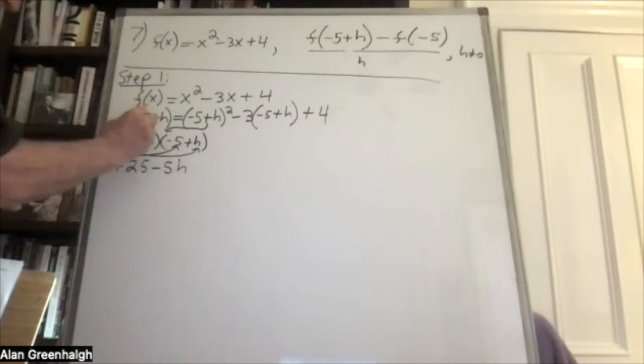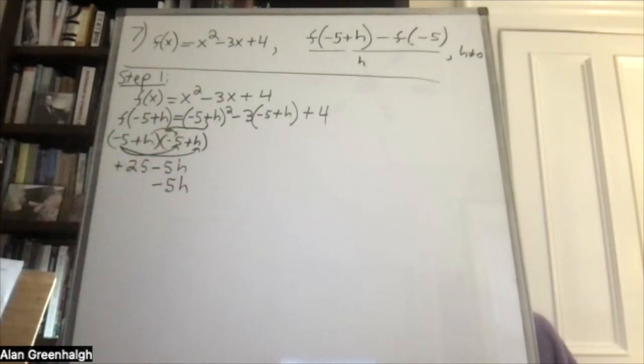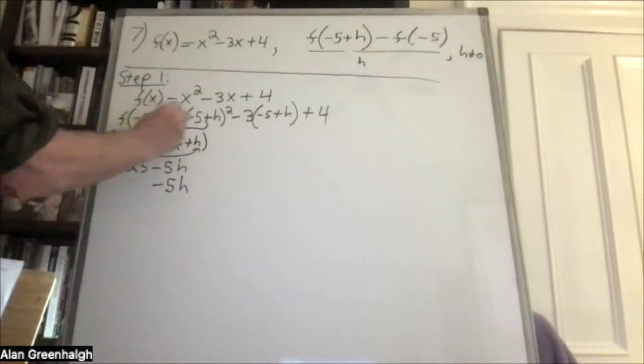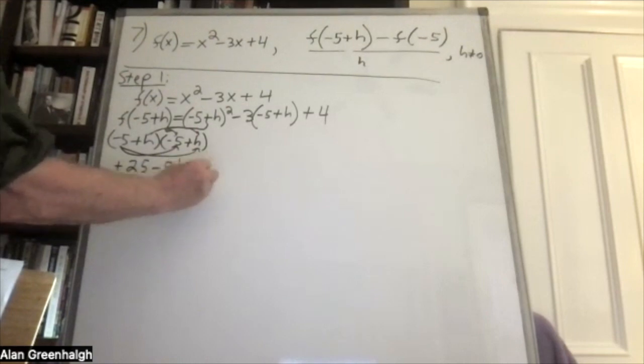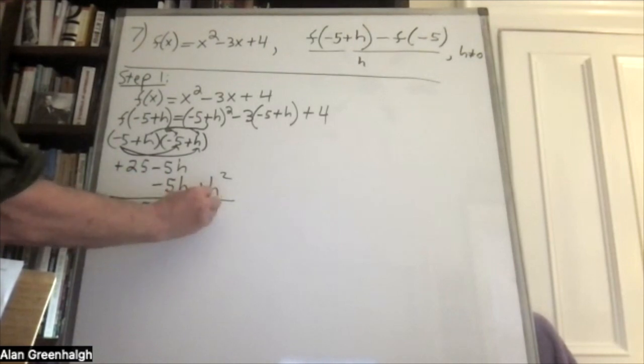Then h times -5, -5h. I'm lining it up because they're like terms. I'm making it a little easier because they are like terms. And then h times h is h squared. And this is what you wind up with.